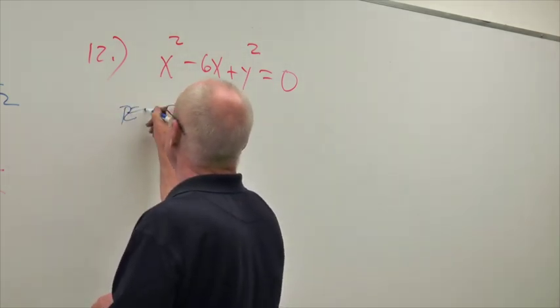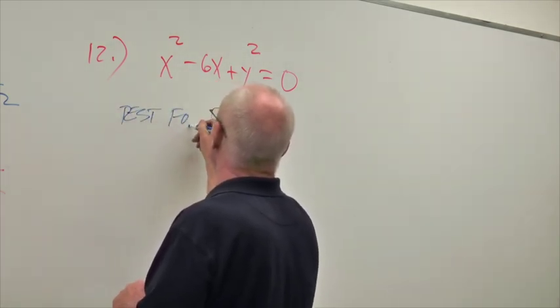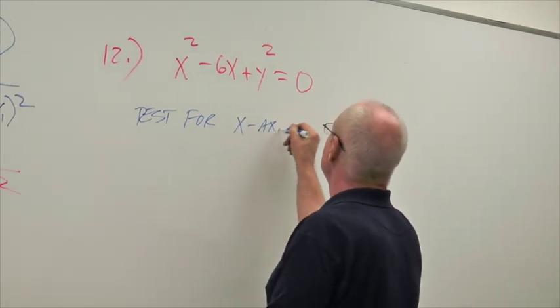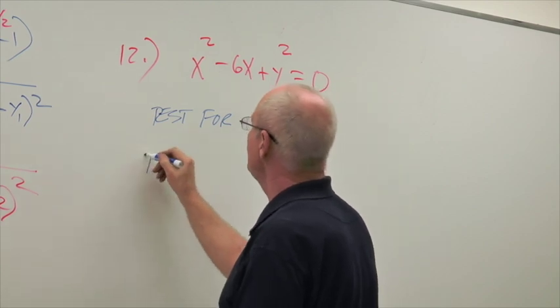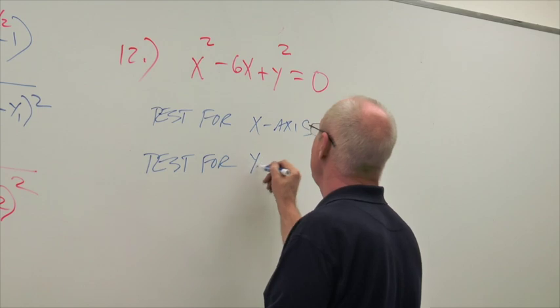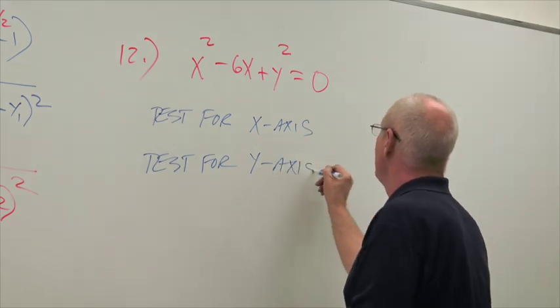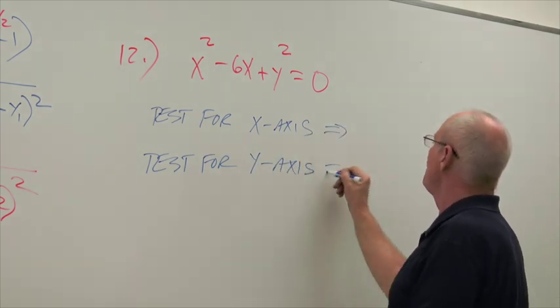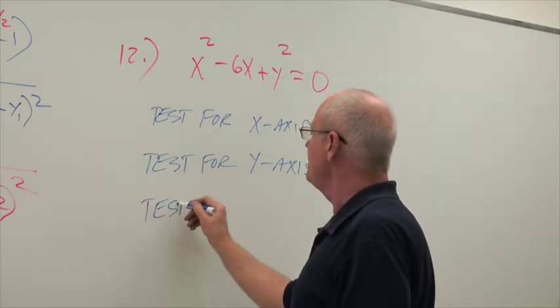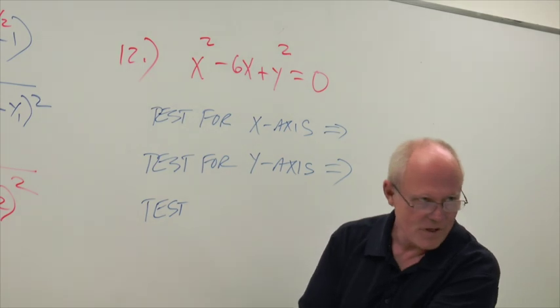Let me do x-axis symmetry first. Doesn't matter which one. And then we're going to test for, what's the other axis? Y-axis symmetry. And what other kind of symmetry? What's a third kind? Origin.